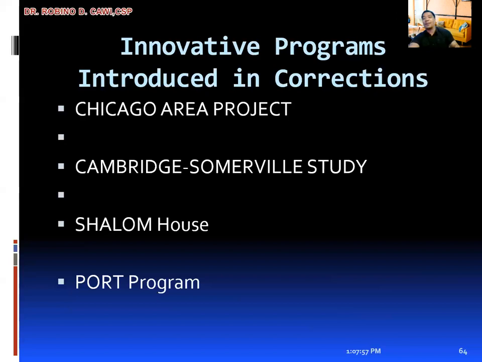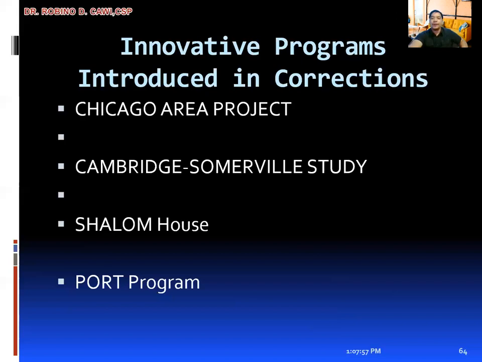So that is the PORT program. A single community, a single village for that matter, and these probationers will choose to stay in this particular area in order to maximize their reformation as well as their rehabilitation.